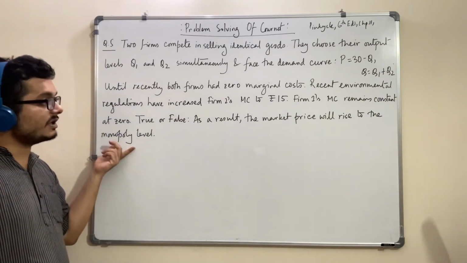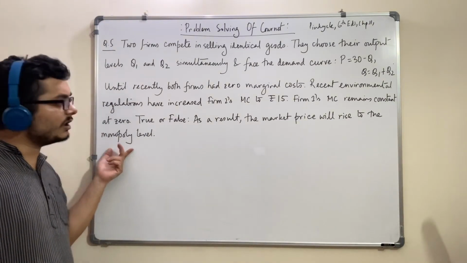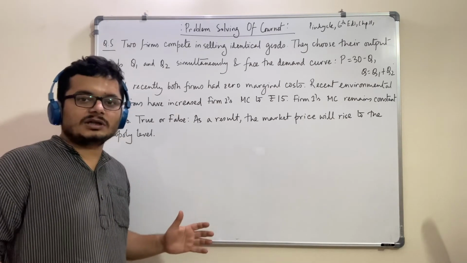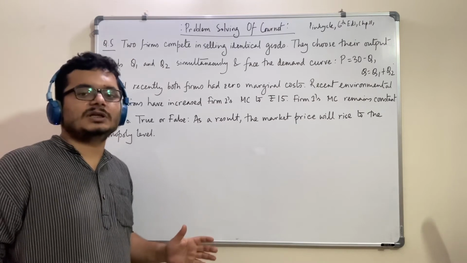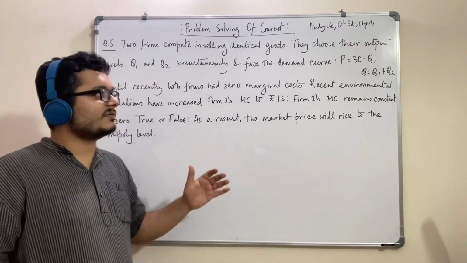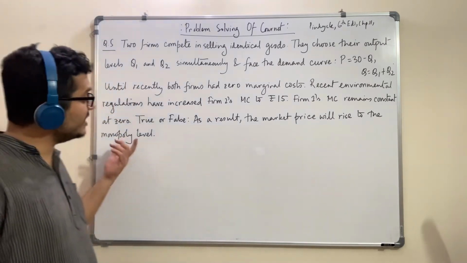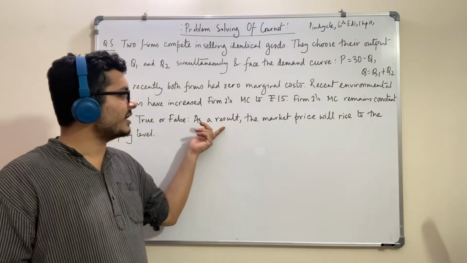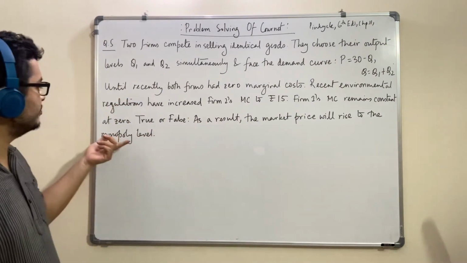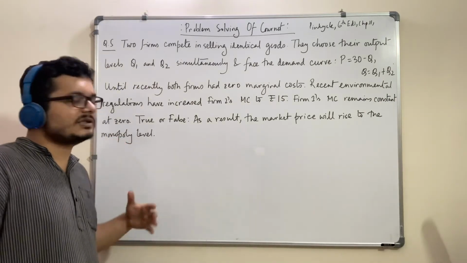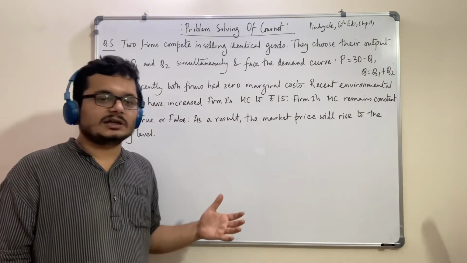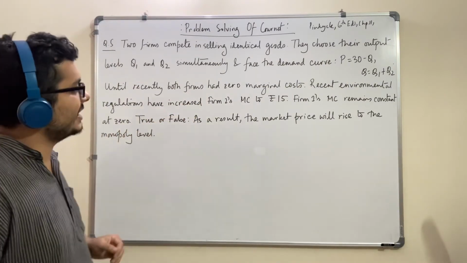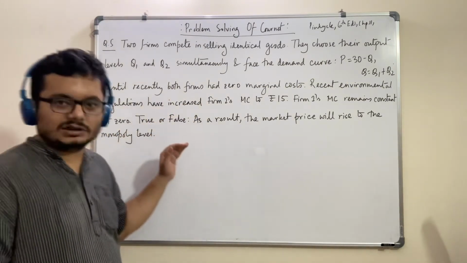Now here when we are talking about monopoly level, we are not looking at a multi-plant monopolist which occurs in a collusive equilibrium. Let us be very clear on that, because that was our second problem. So here in the third problem, by this statement, as a result the market price will rise to the monopoly level, we are actually exploring whether, given this higher cost, firm 2 can stay in the market or not.